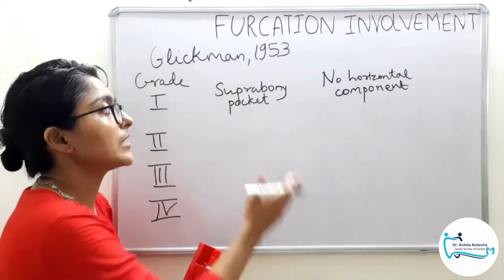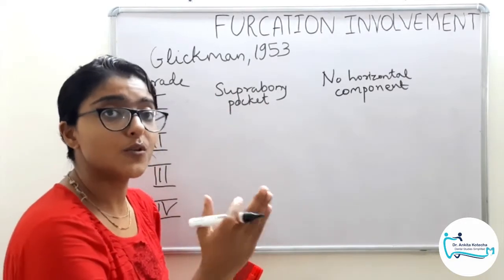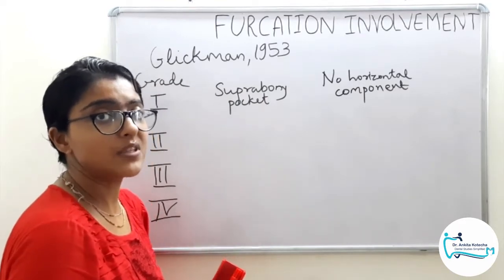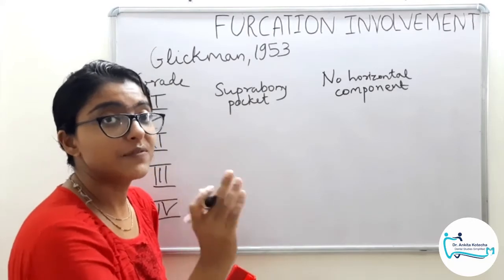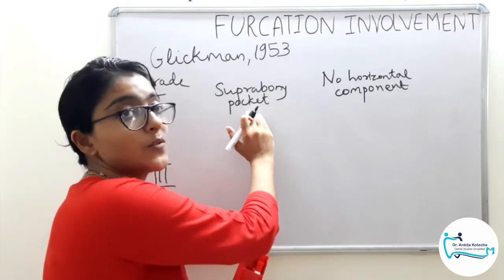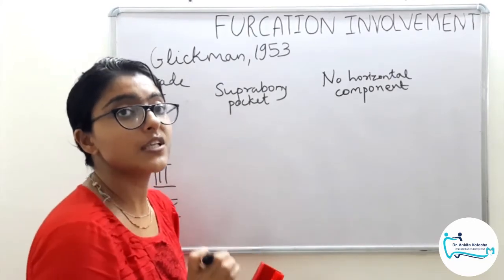Now you must be wondering, then what is the difference between a routine ordinary probing depth that we assess in a case and this suprabony pocket? The difference is this suprabony pocket has reached the furcation opening.